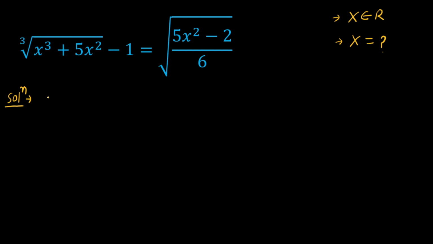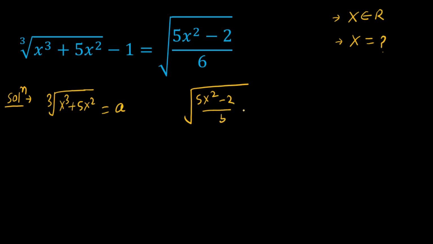If we substitute cube root of (x^3 + 5x^2) equals a, and square root of (5x^2 - 2)/6 equals b. Since the right hand side is a square root, b is greater than or equal to 0.